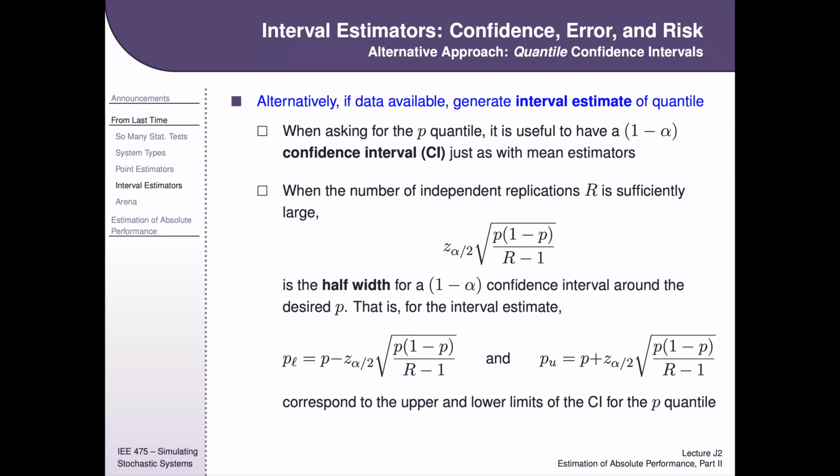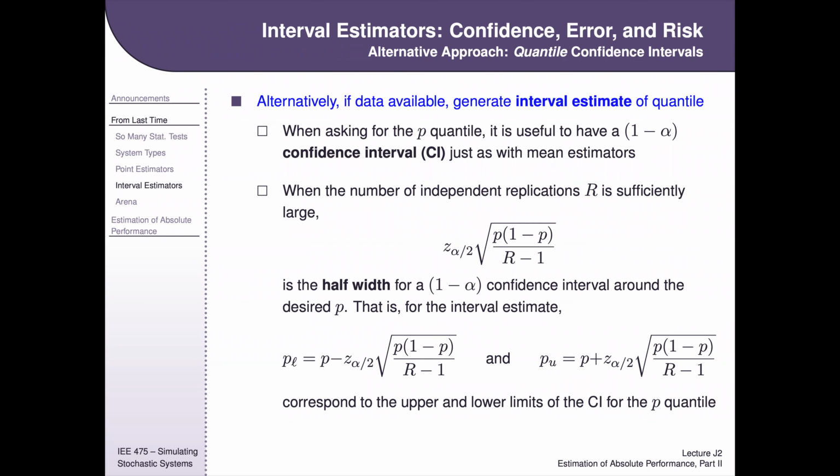So how do I define a half width on a percentile? When the number of replications is sufficiently large, this here is a formula that you can use for the half width of a percentile in terms of ranking in the ordering.